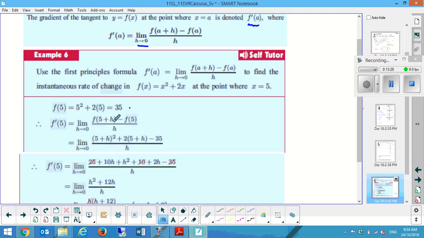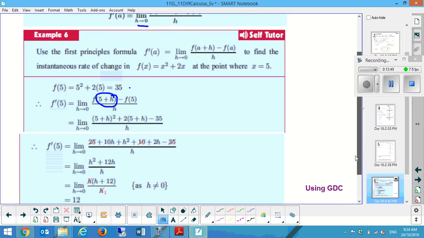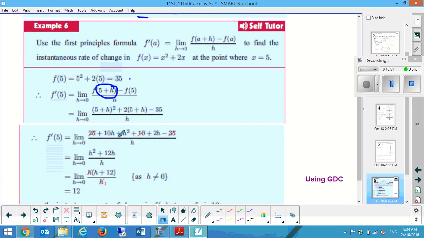So now substitute your 5 plus h into your function. So the function here is x squared plus 2x. So we get (5 plus h) squared plus 2 times (5 plus h) minus the 35, which is the f of a, divided by h. Expand, so you need your quadratics again, so expand that, expand this bracket as well.